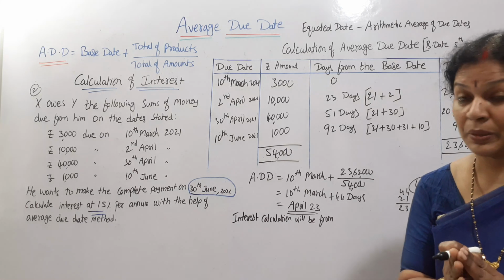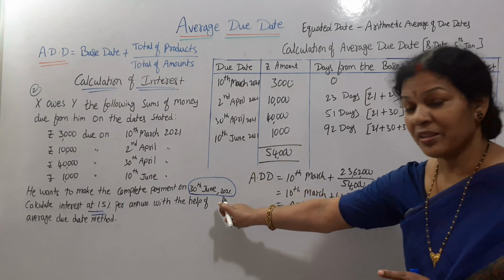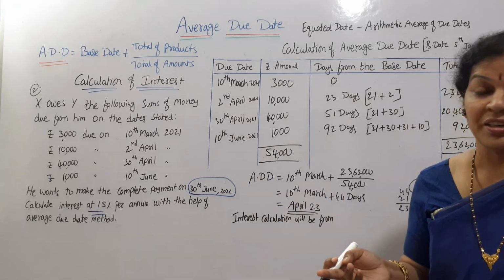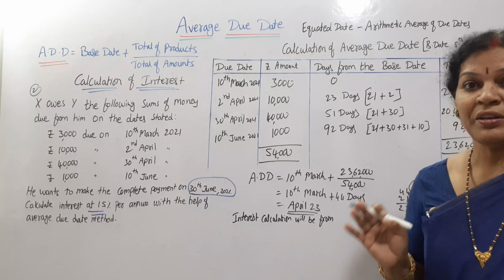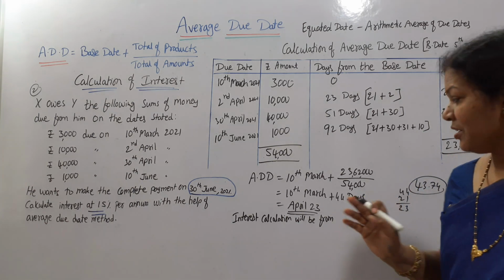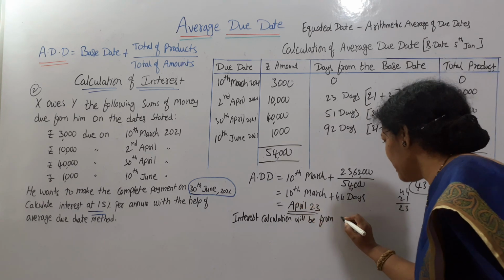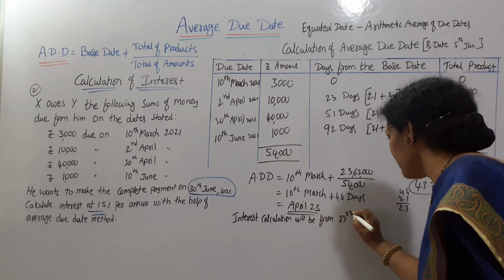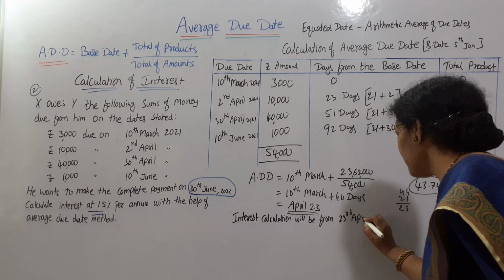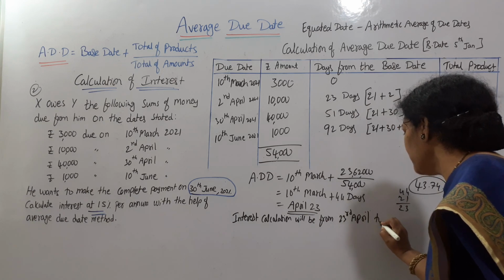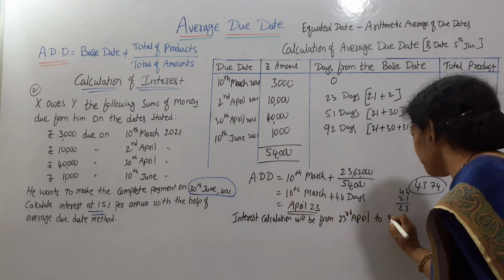By that date he has to pay, but he wanted to pay on 30th June. Delay is there. So due to this delay period, we are going to charge interest. So interest calculation will be from 23rd April to 30th June.